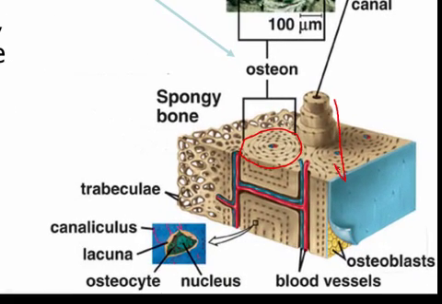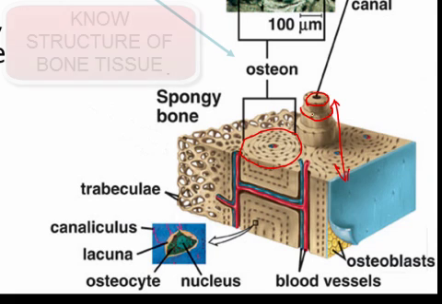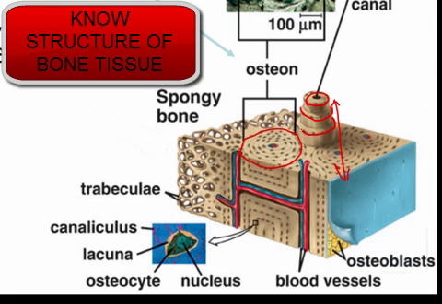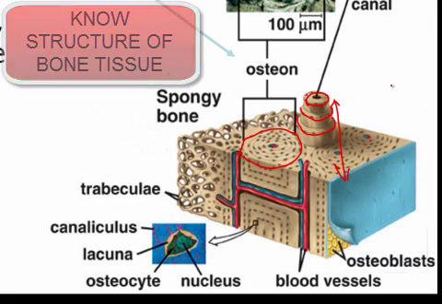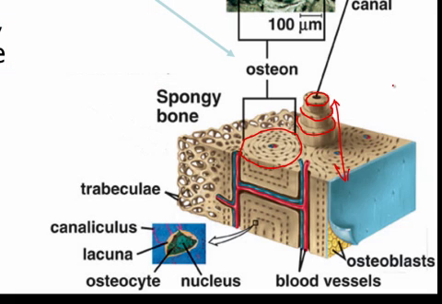They are made of concentric rings, the lamellae, and these rings are deposited around a central canal. There will be blood vessels inside that central canal, and then these various lamellae are deposited. The lamellae consist of long collagen fibers, and then mineral salts are deposited in each of those. There are some little tiny openings between the lamellae.